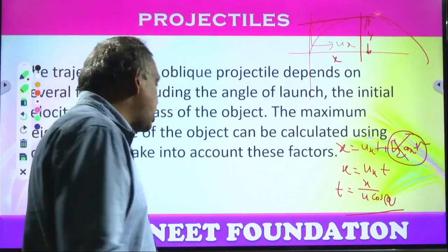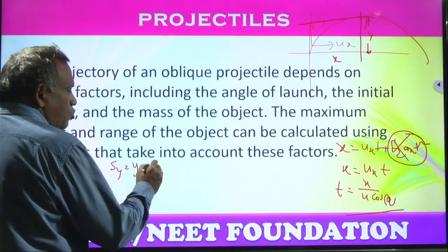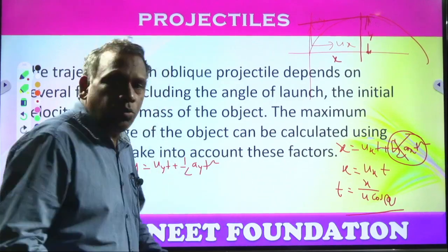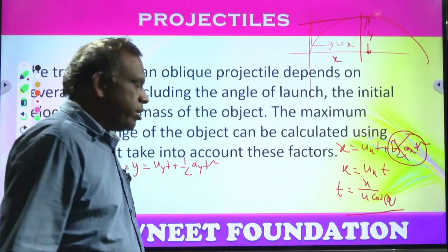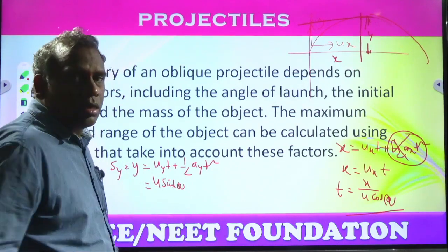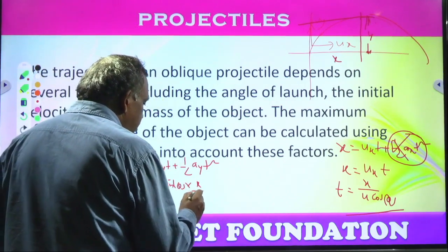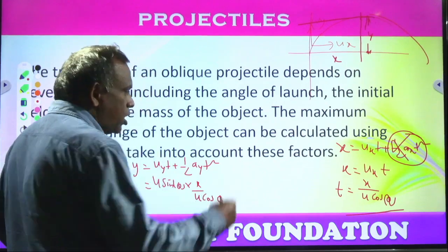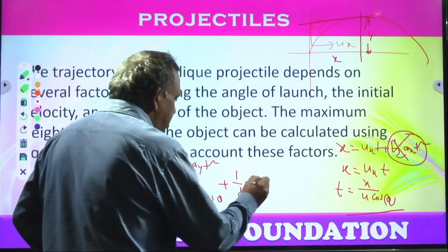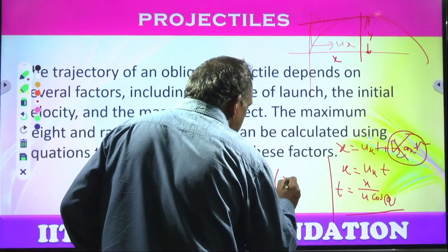Similarly, for the vertical equation, y is equal to uy t plus half ay t square. Here uy is u sin theta, the vertical component of the initial velocity, and t is x by u cos theta.